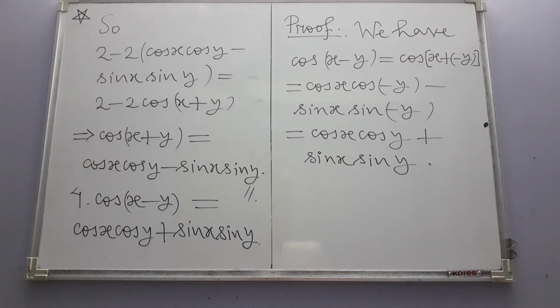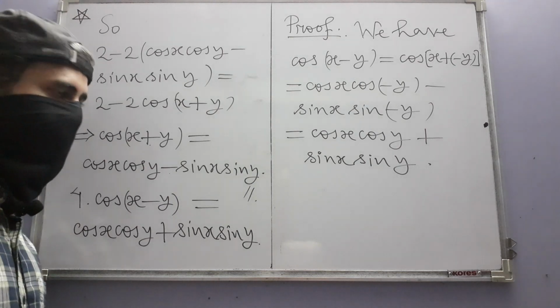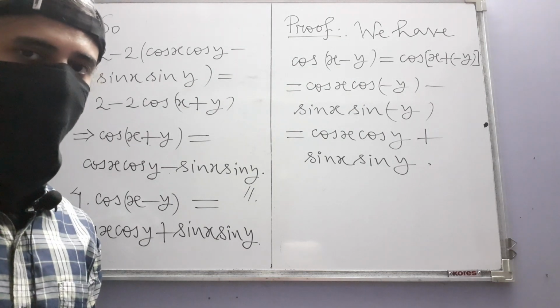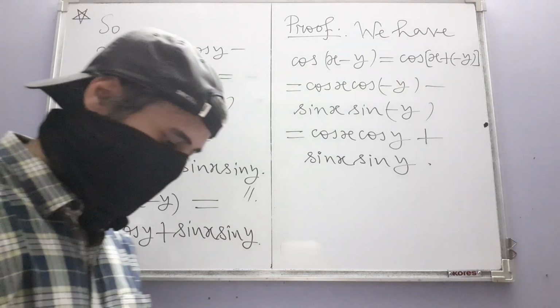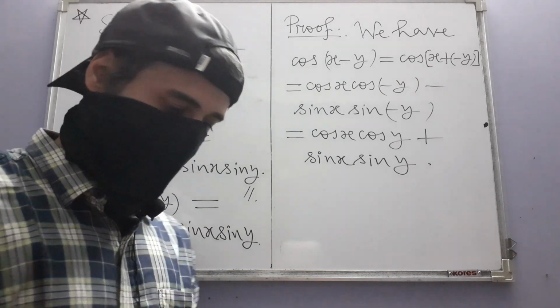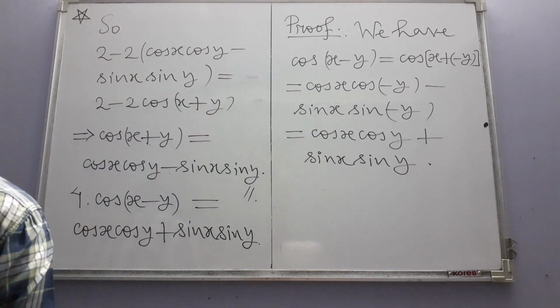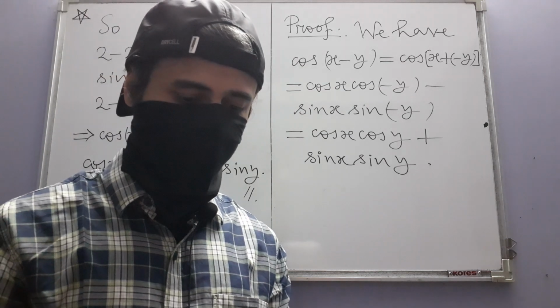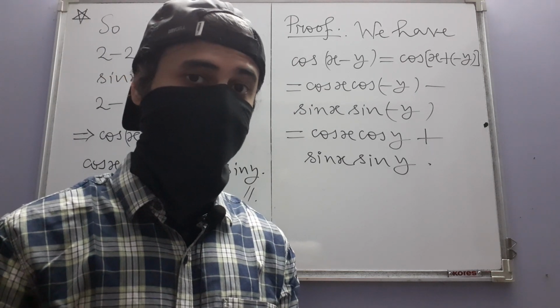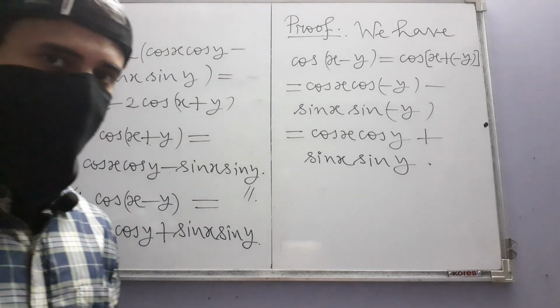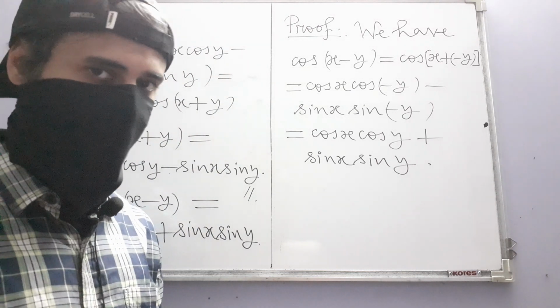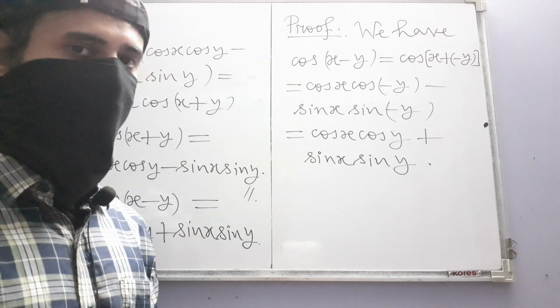Okay, so not just cos x plus y, we now have an identity for cos x minus y as well. And then what else do we have? Okay, but then what can we say about sine? We would want similar formulas for sine also. What to do about that?